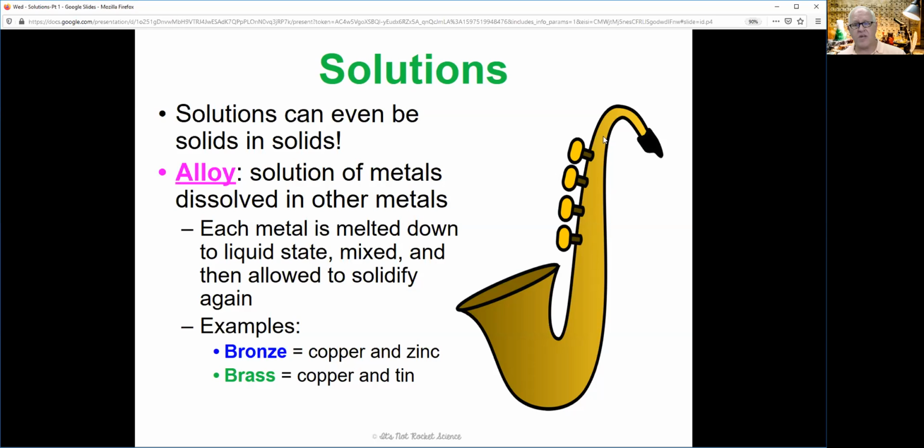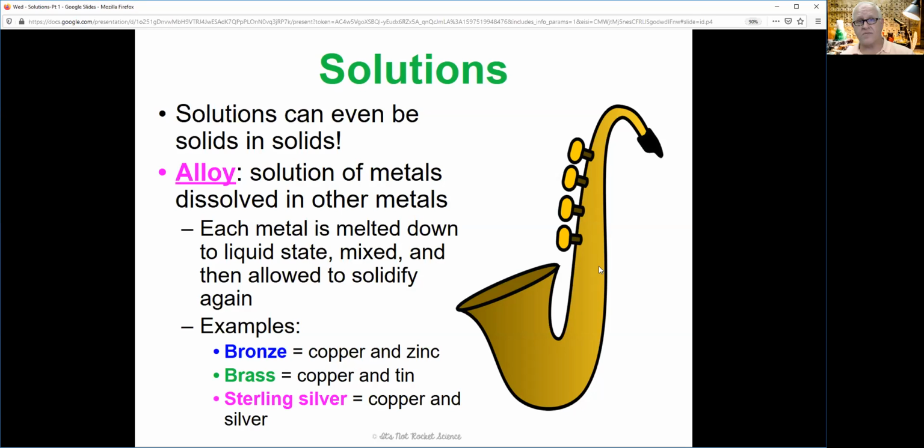Brass, that's made up of many door handles, musical instruments. Lots of things that are used on boats are made out of brass. Brass is a combination of copper and tin. Again, two individual elements heated to the point where they melt, then they become a solution, then they cool, and they become a new alloy because they started out as solutions.